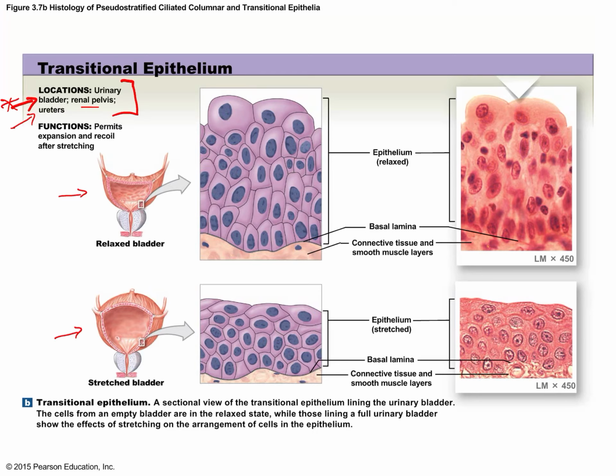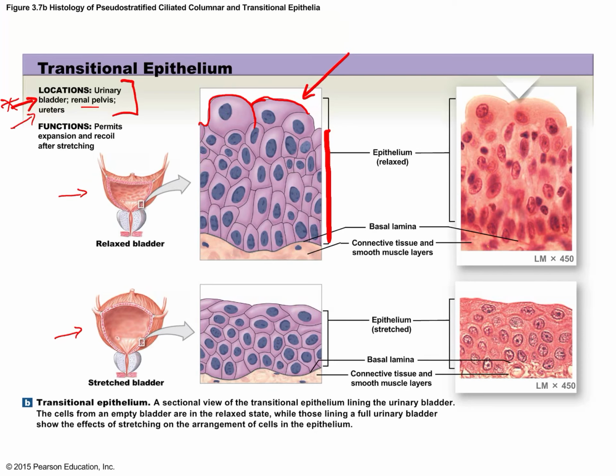So look at the relaxed version. The relaxed version is stratified cells, but at the top we have these dome-shaped umbrella cells, and that's what gives it away.